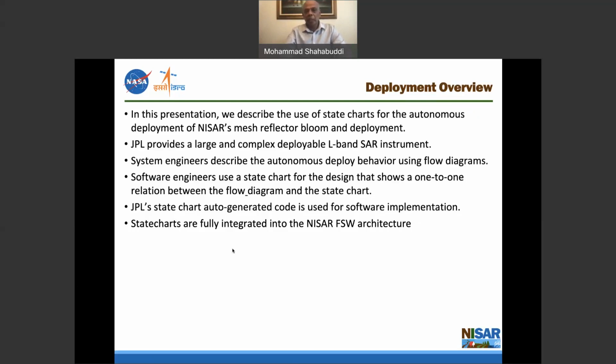In this case, the state chart is designed to have a one-to-one relationship with the flow diagram. JPL's state chart autocoder, auto-generated code, is nothing new. It has been used for software implementation in many missions. State charts are fully integrated into the NISAR flight software architecture.